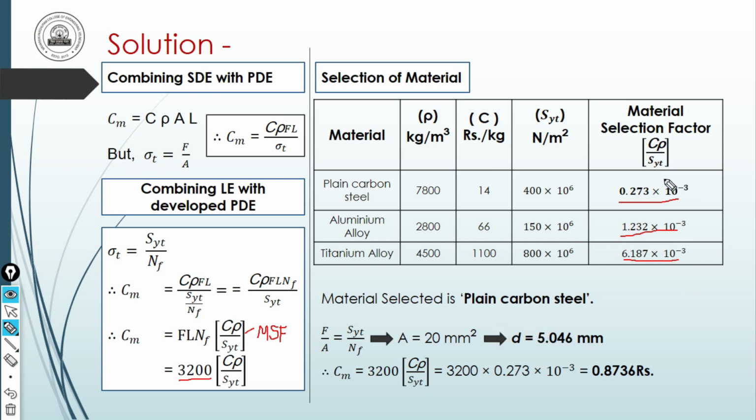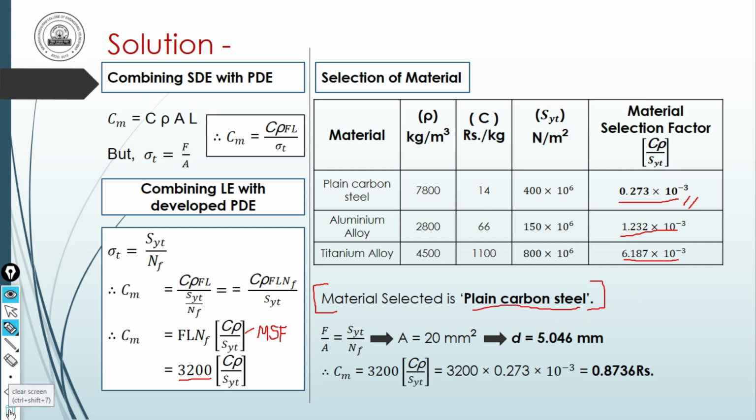So what is the lowest value here? Lowest value is 0.273 into 10 raised to minus 3. So our criteria says that since the cost of material is directly dependent on this material selection factor, the lowest material selection factor value will give you the lowest material cost required for the optimum design, and that's why our result says that the material selected for minimizing the cost is nothing but your plain carbon steel.